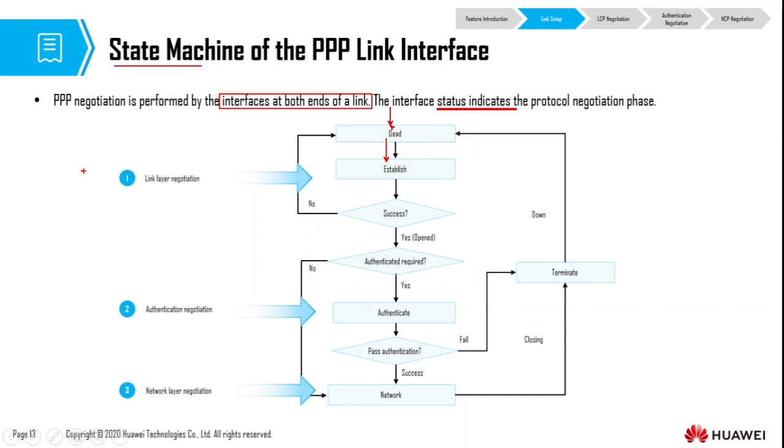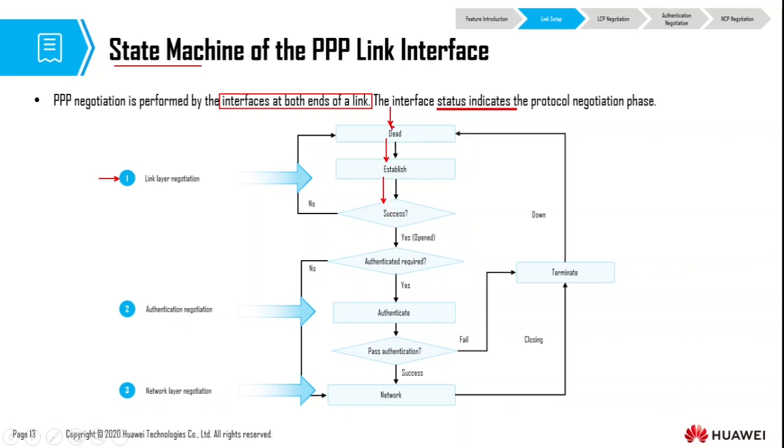Now, here we are on step number 1, which is link layer negotiation. After they exchange some packets, they're going to see whether it is a success, whether all the parameters, for example, match. If the parameters don't match, as we are going to see in a short while, then it goes back to dead.